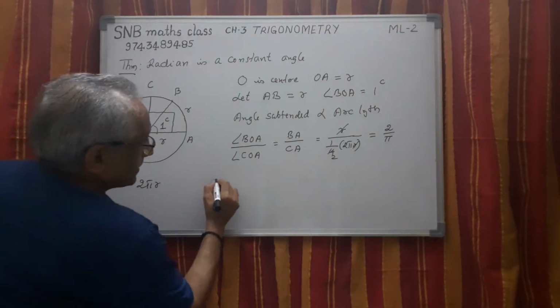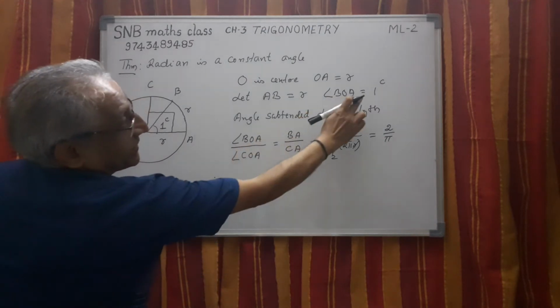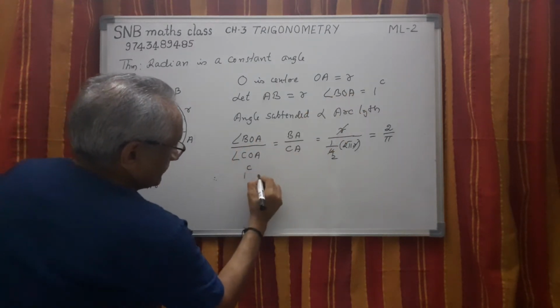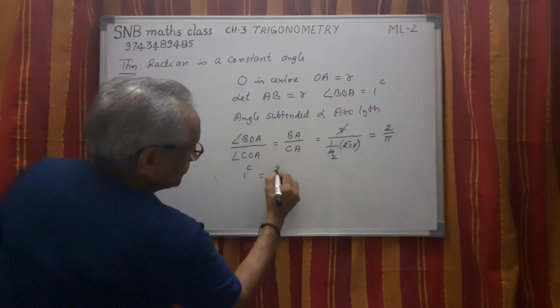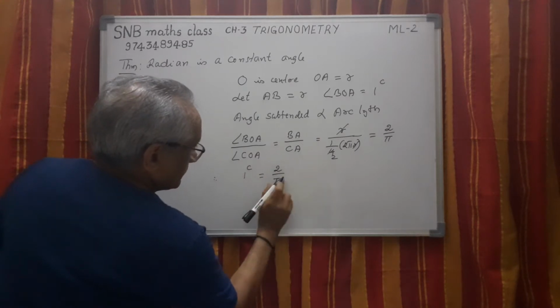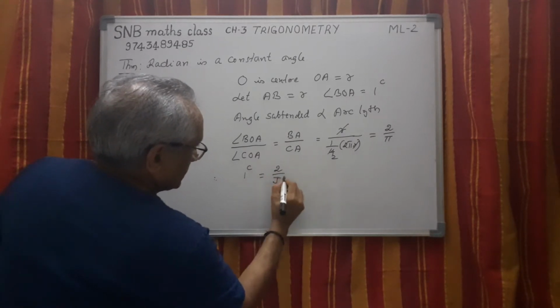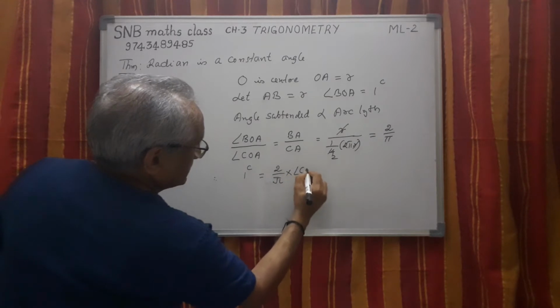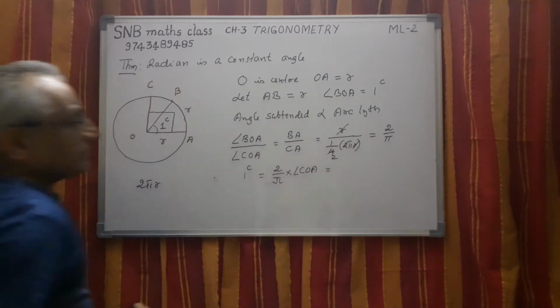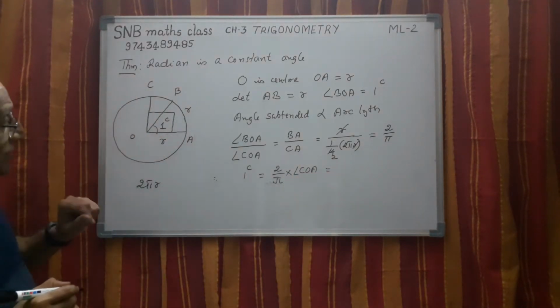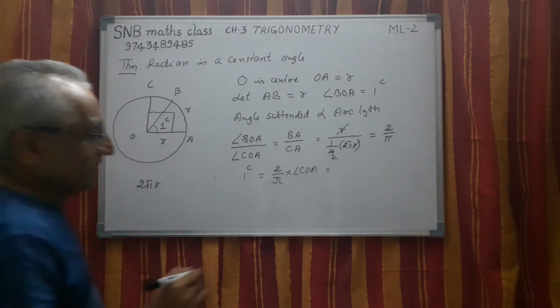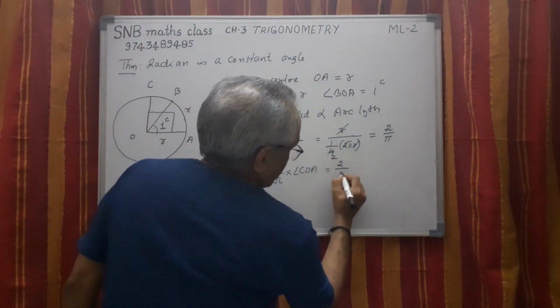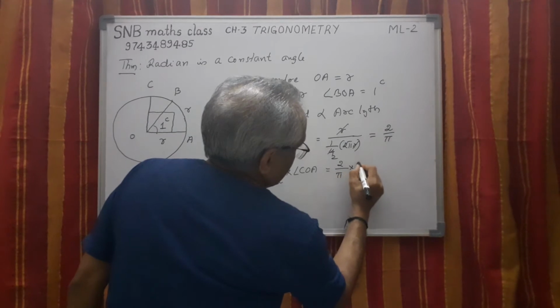Therefore, what is angle BOA? It is 1 radian, which will be equal to 2 by pi into angle COA. Now, angle COA is 1 right angle. Therefore, I can write it as 2 by pi times a right angle.